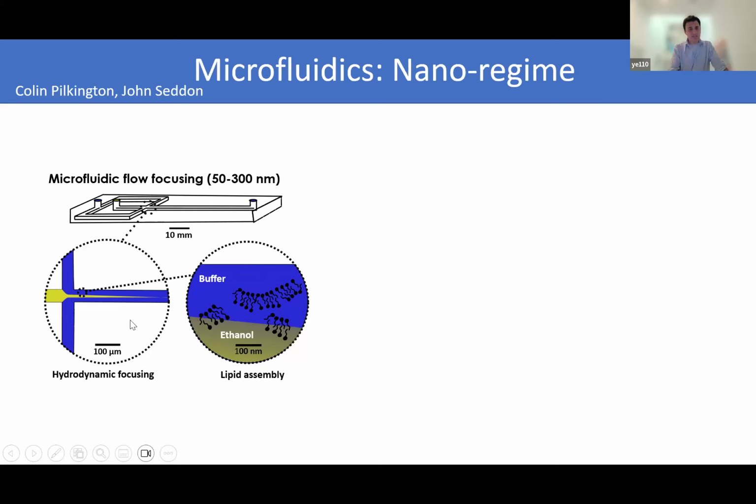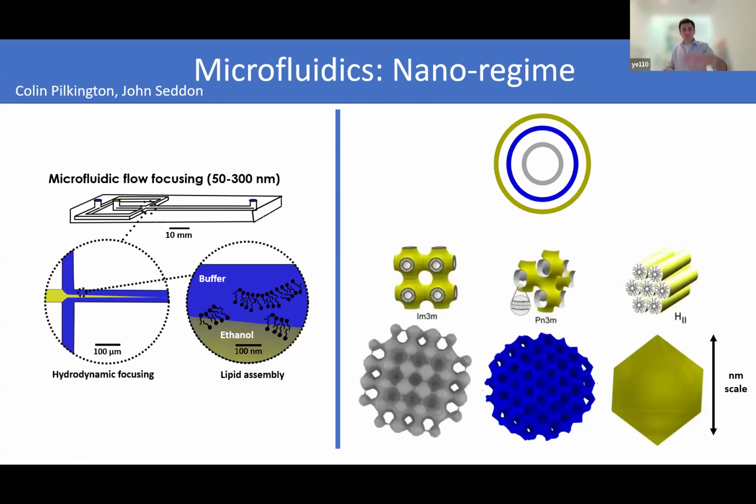And at a certain point, you reach a critical concentration of ethanol, at which point the lipids stop being soluble in solution because you're diluting it with water, and they're not soluble in water. So they start crashing out of solution, and you get self-assembly of particles, but very, very well controlled. By controlling the flow rates, you can control the features of this interface, and you can control the size very precisely of these particles.